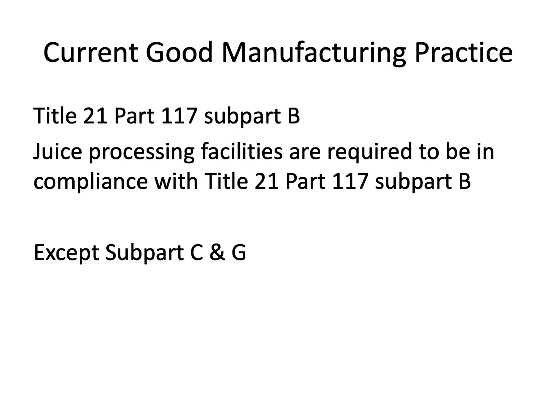If you're a juice processor, you are subject to the FDA's current good manufacturing practices. The regulatory document that covers these requirements is Title 21, Part 117, Subpart B. Juice processing facilities are required to be in compliance with Title 21, Part 117, Subpart B. There are other requirements within Title 21, 117.